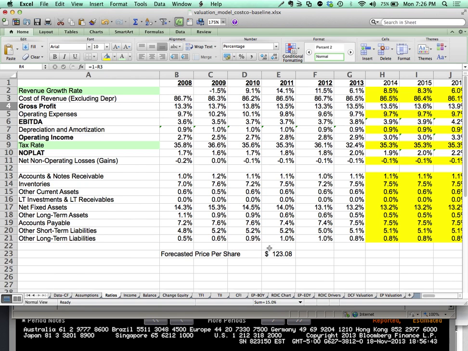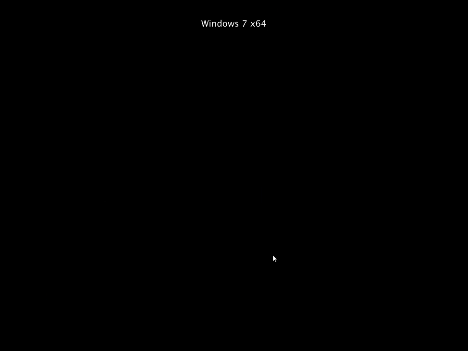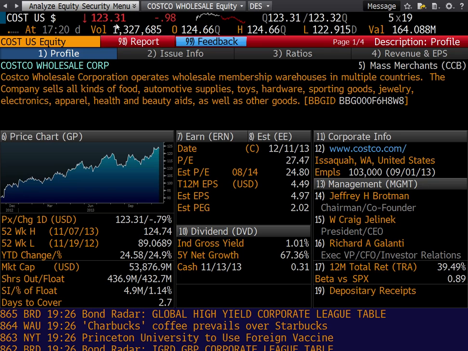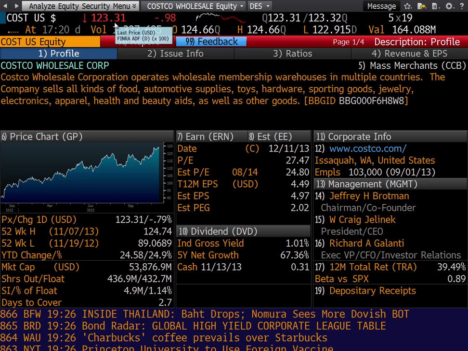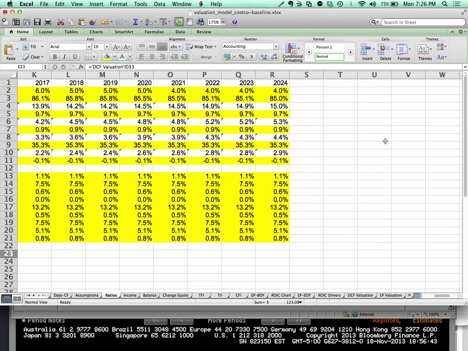Well, now I'm at 123.08 a share, which is pretty close to the 123.31 stock price they're trading at today. Now, I don't know if these are the exact right numbers, somewhere around 4 or 5% growth.